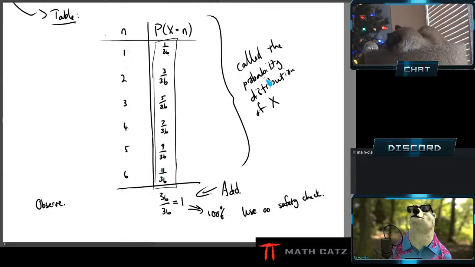It'll be the probability distribution of that random variable, of that experiment outcome combination. Why probability distribution? Well, they are probabilities, and this table shows how the probabilities, 100%, are distributed across the possible outcomes. Okay, probability distribution.